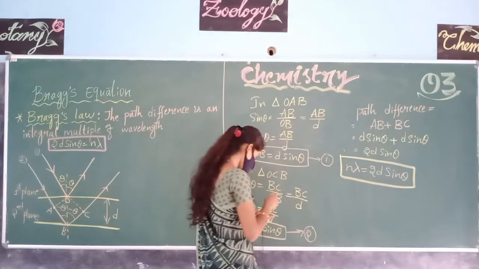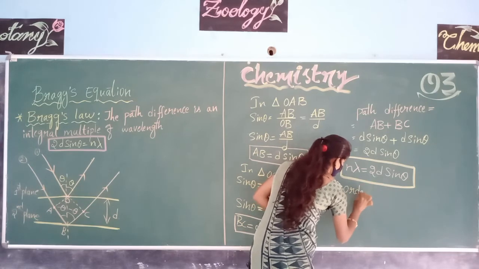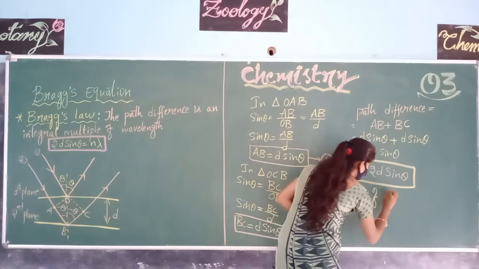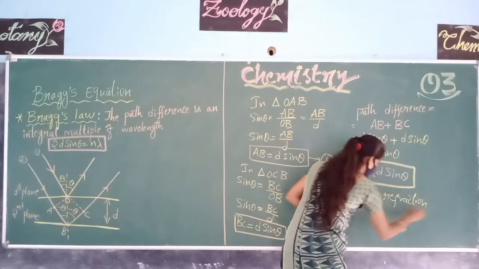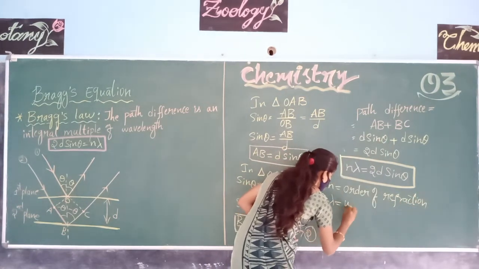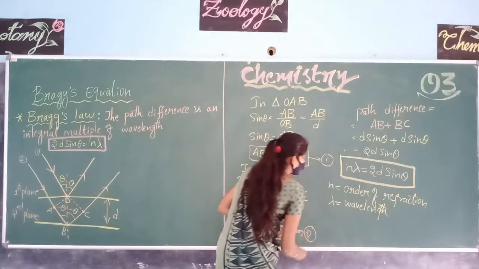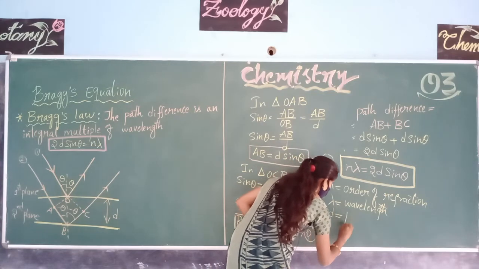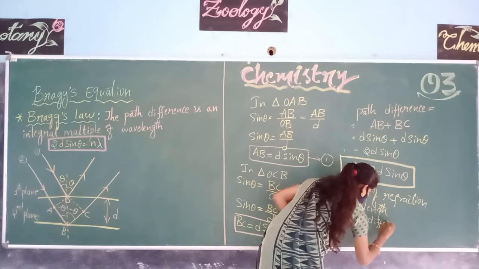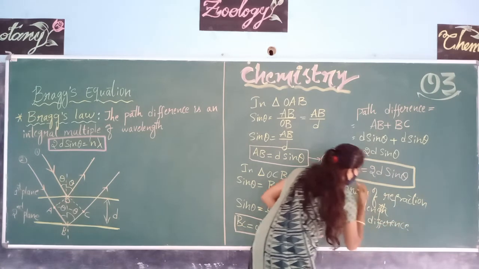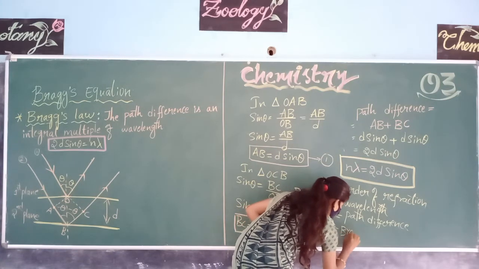Here n is the order of diffraction, lambda is the wavelength, d is the distance between the planes, and theta is Bragg's angle.